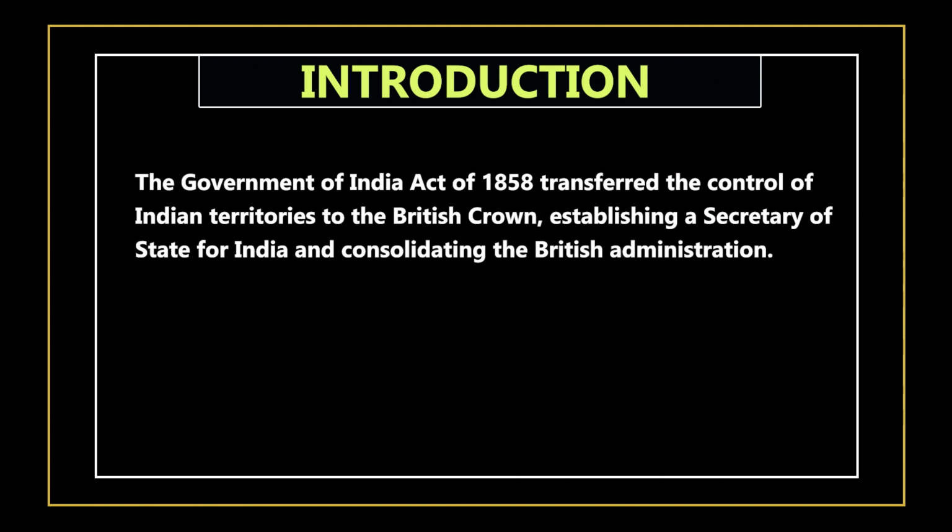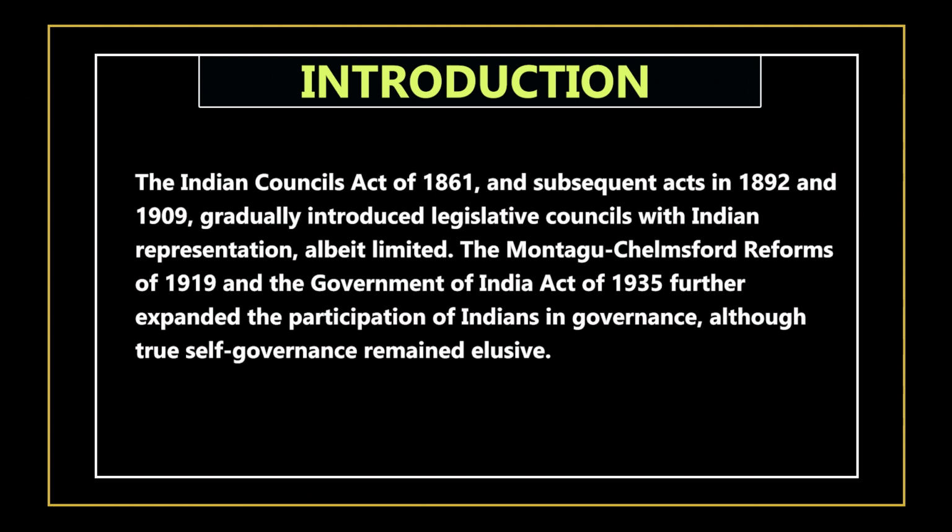The Government of India Act of 1858 transferred the control of Indian territories to the British Crown, establishing a Secretary of State for India and consolidating the British administration. The Indian Council Act of 1861 and subsequent acts in 1892 and 1909 gradually introduced legislative councils with Indian representation, albeit limited.